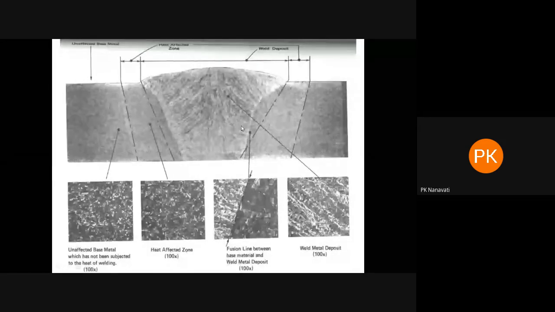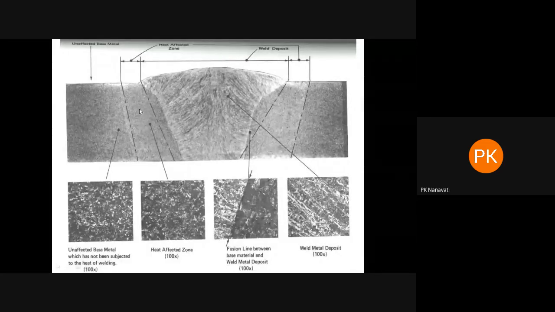Just adjacent to the fusion zone, you see a certain area where the microstructure has been affected. This area is known as the heat affected zone, right? And further away, as you move from the weld center line towards the base metal, you see the unaffected base metal.